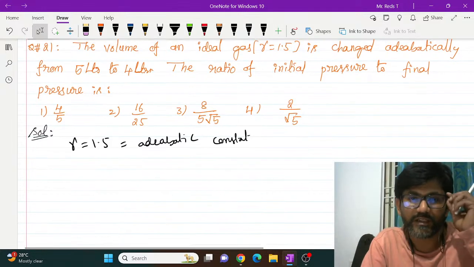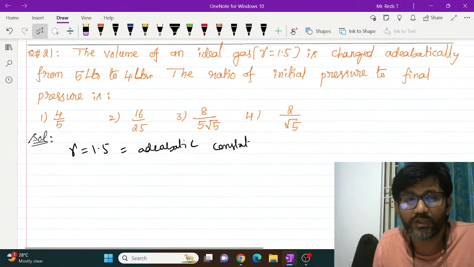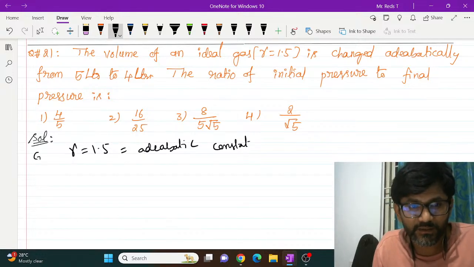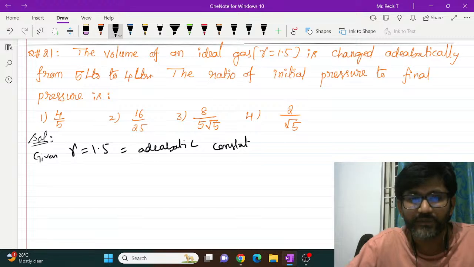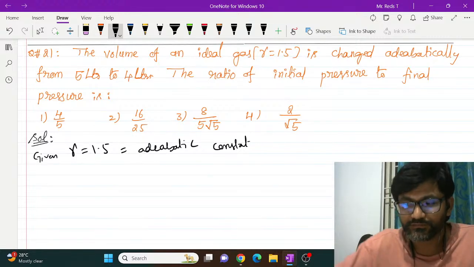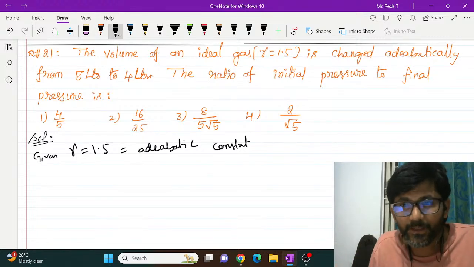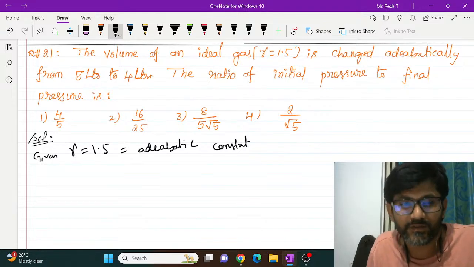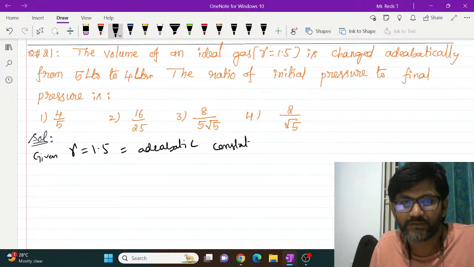Simply you have to write down the given data and relate the formula. So as given, you can take quickly and try yourself. Given gamma is equal to 1.5, and 1.5 can also be written as 3 by 2. Based on your requirement, you can write 3 by 2 for simplification purpose, otherwise you can take 1.5 only.